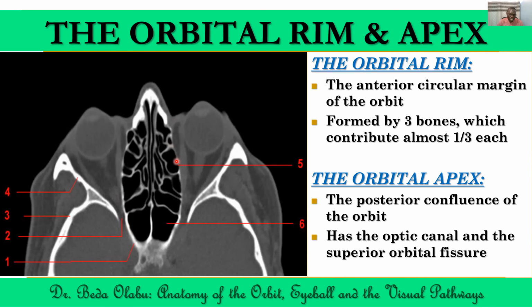That and that one labeled 5. Also appreciating that the lateral walls of the orbit are making almost 90 degrees to each other if you extend the lines right and left. So this one and that one. Also appreciate that the orbits are conical with the apex here, posterior, label 2, and the base in this side.